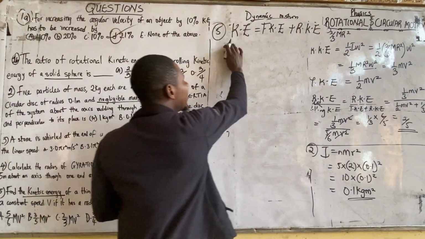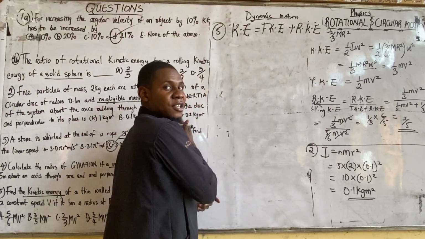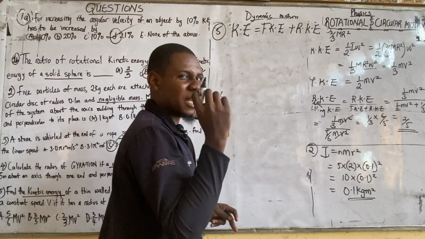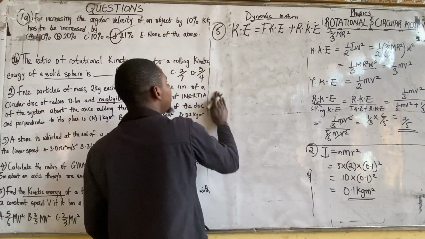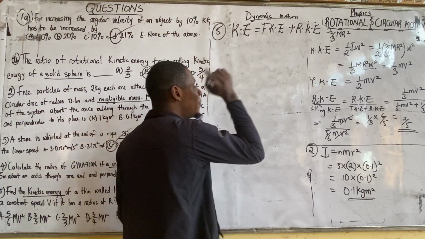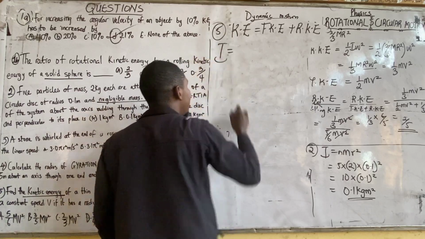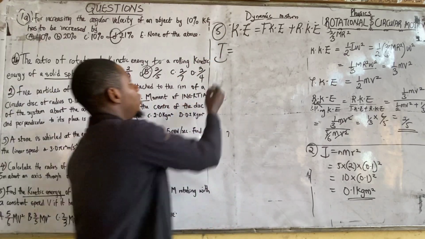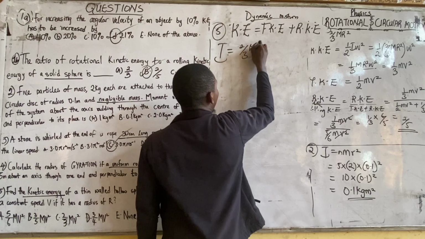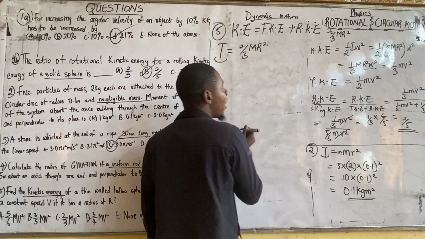Please take note. But in this case, everything is present since it is not rotating or spinning at a fixed point. So going down, remember the moment of inertia for a hollow sphere is 2/3 mr squared, right?